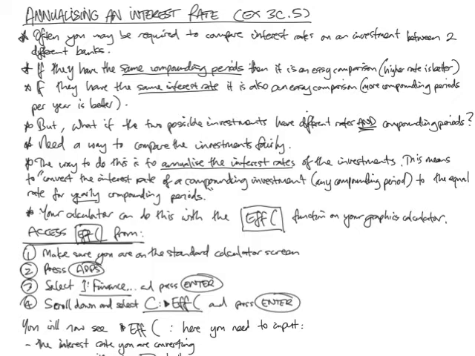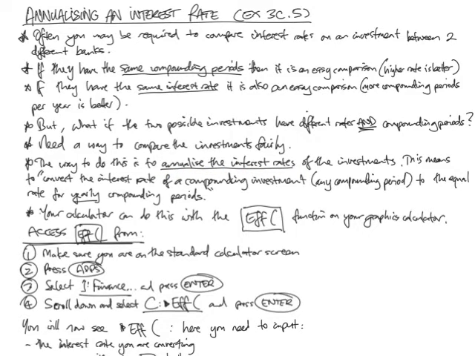But what if the things that you're comparing have both different rates and compounding periods? You have to have a way of comparing the investments fairly, so comparing apples to apples or oranges to oranges. So the way you do this is to annualize the interest rates of those investments.